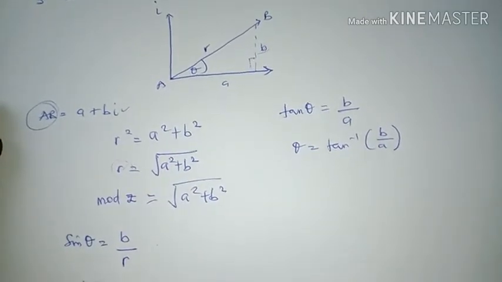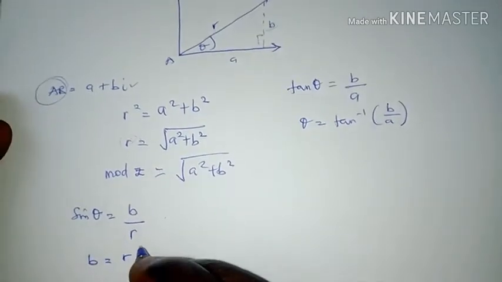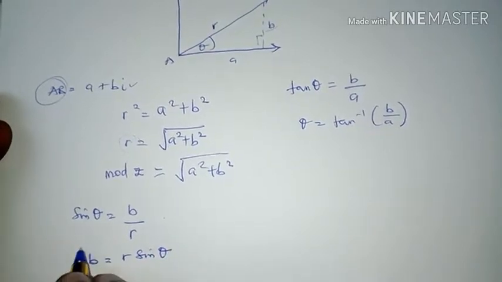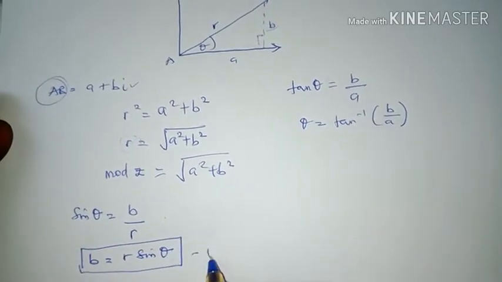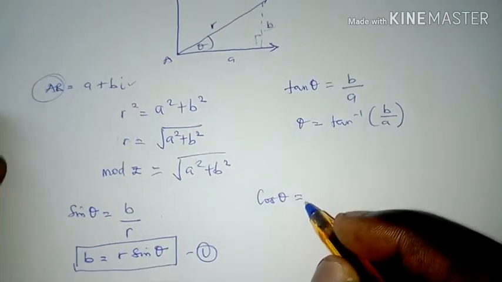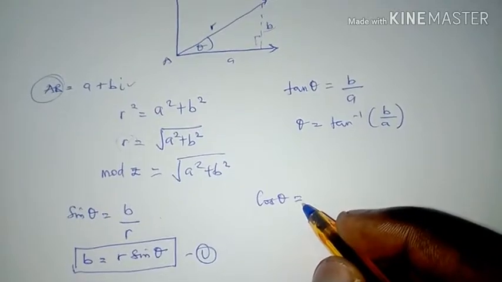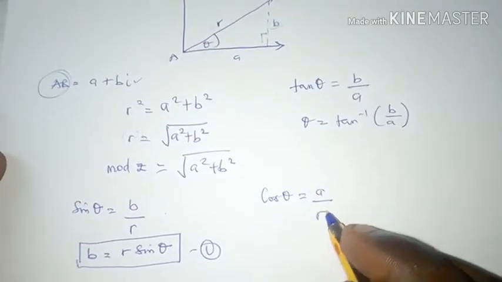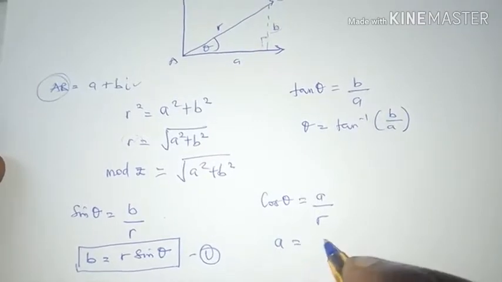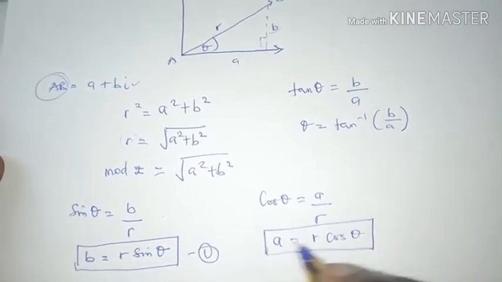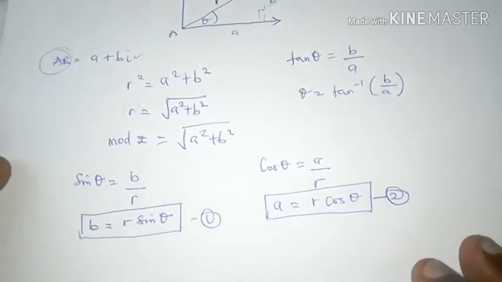So making b the subject, we get b equals r sine theta. Let's call this equation 1. Then our cos is adjacent over the hypotenuse. Our adjacent here is a, our hypotenuse is r, so we get a being equal to r cos theta. Let's call this equation 2.